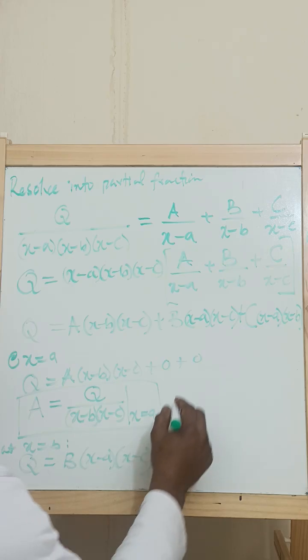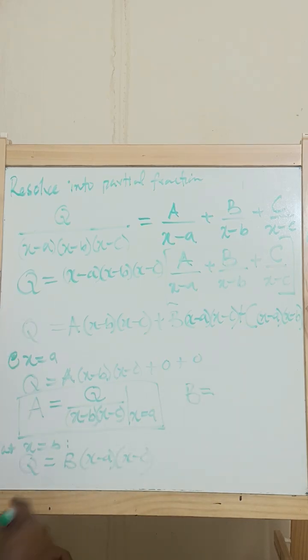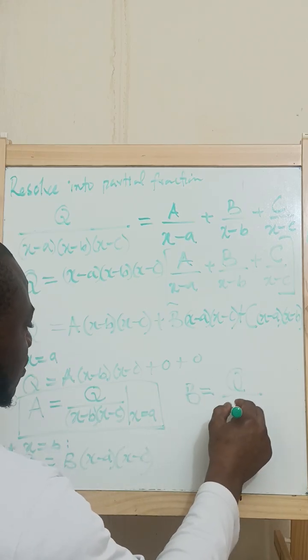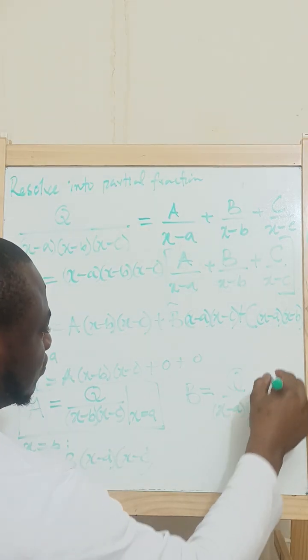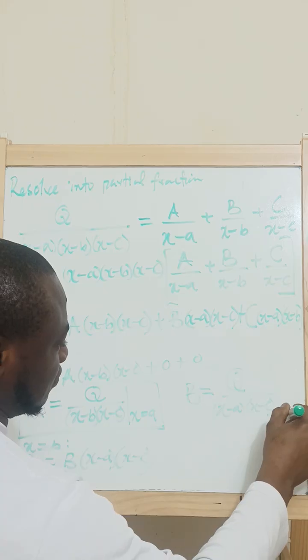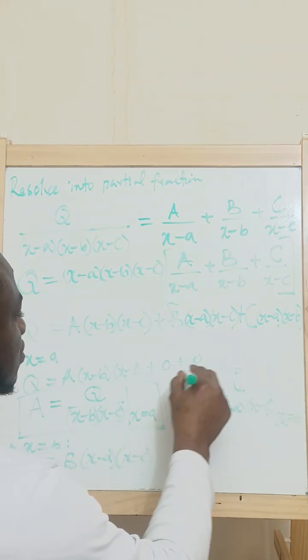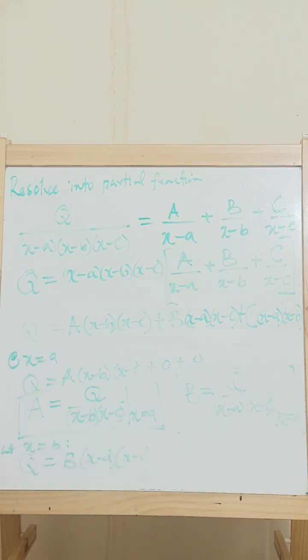And from here, B is going to be Q over x minus a, x minus c, when x is equal to b. So this is the second formula that we need to use.